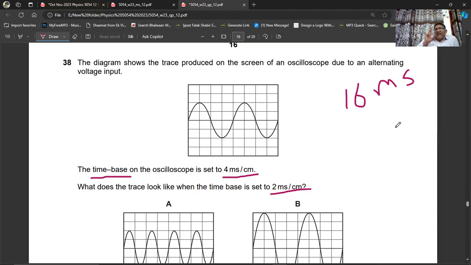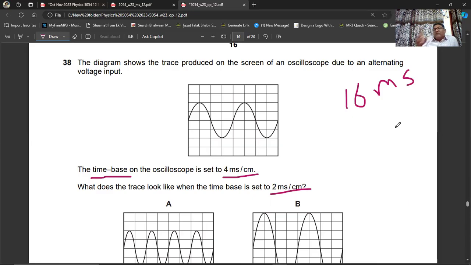When you set the time base at 2 milliseconds per centimeter, you have changed the scale. So now what will happen? 16 divided by 2, that is 8.